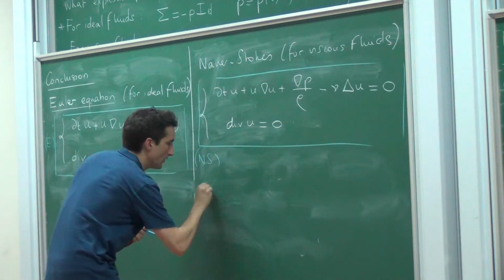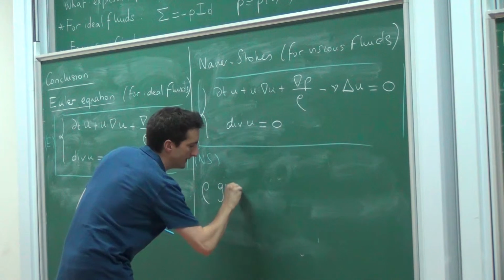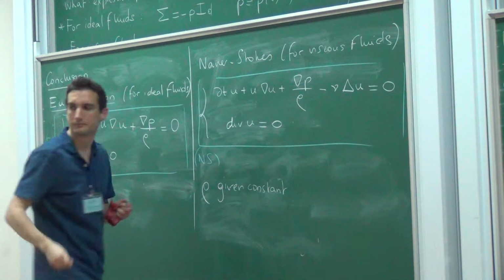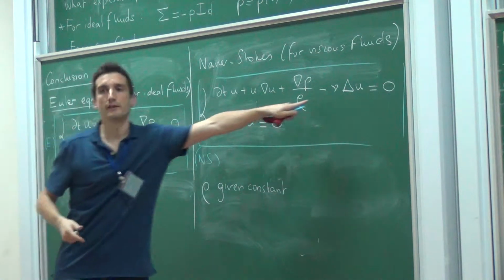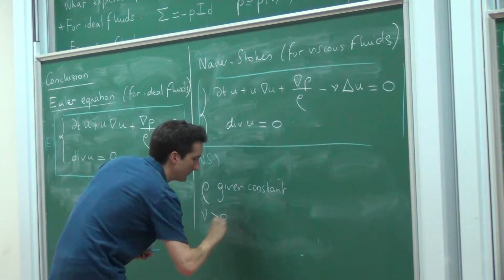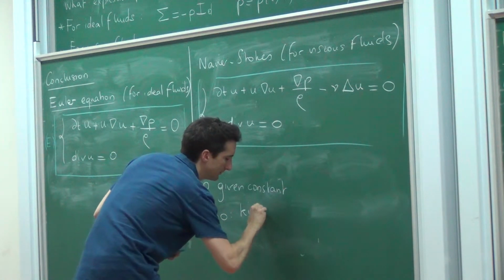So again, rho is a given constant, that's a constant density. Mu here is some given coefficient called the kinematic viscosity coefficient.